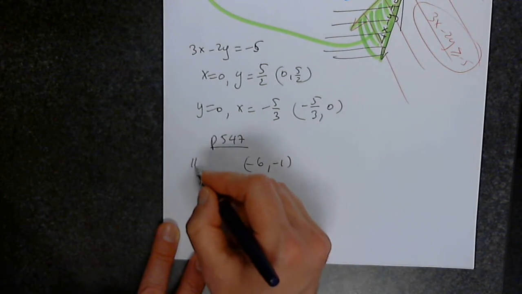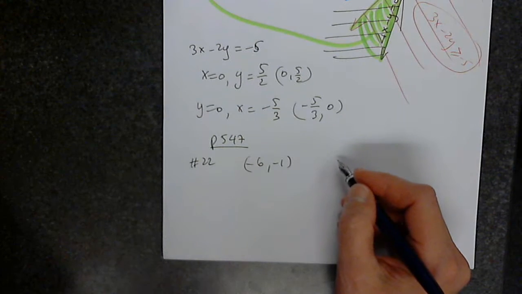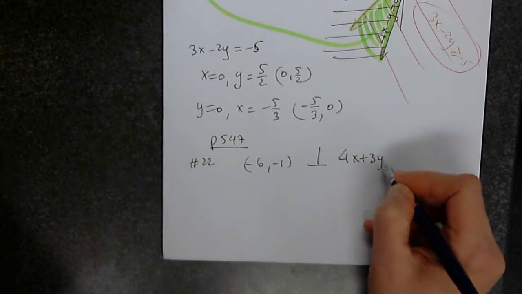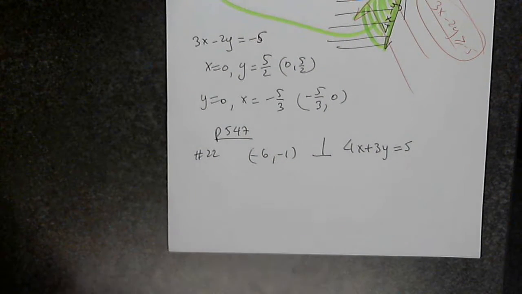This is problem 22. -6, -1, and it's perpendicular to 4x plus 3y equals 5. We're trying to find the equation of the line that passes through -6, -1, and it's perpendicular to the given line. 1 minute.